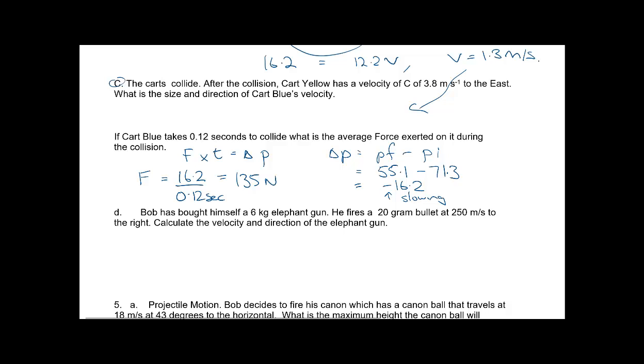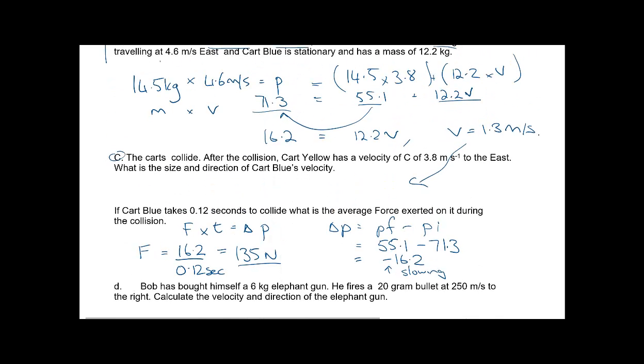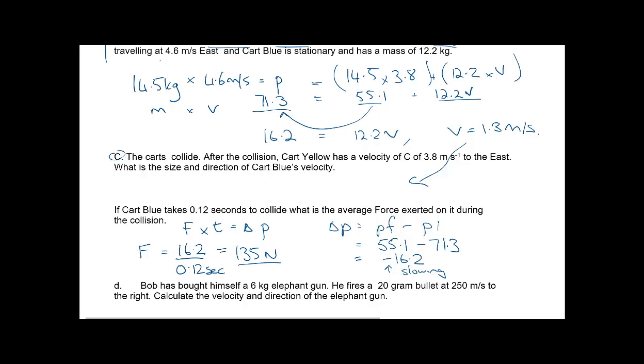Okay, that's 135 newtons, and if that was to 3 significant figures, that would be 140, I guess, but I'm just going to leave it at 135 newtons. But in the above question, I realized I made a mistake: I should have given a direction, and that is east as well. You would get marked down for not putting a direction. So if it asks for that, just remember you've got to put it in.